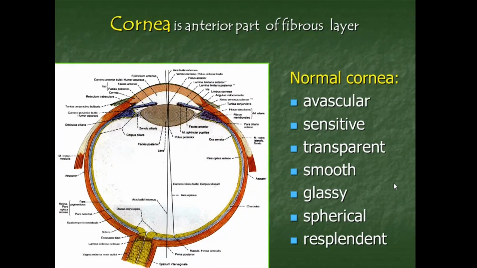Now we should discuss the inflammatory diseases of the cornea. This is part of the fibrous layer. The normal cornea is avascular, sensitive, transparent, smooth, glassy, spherical.